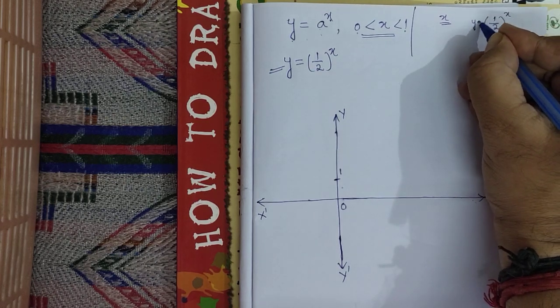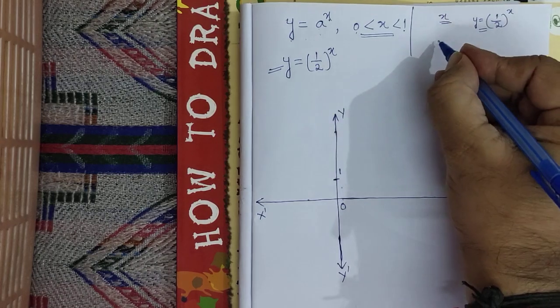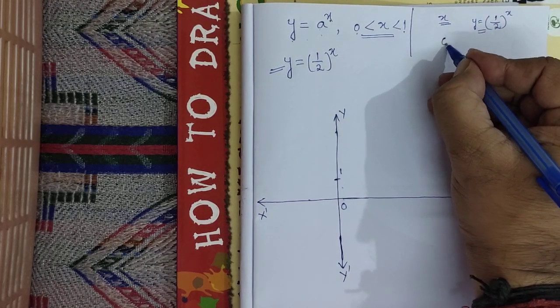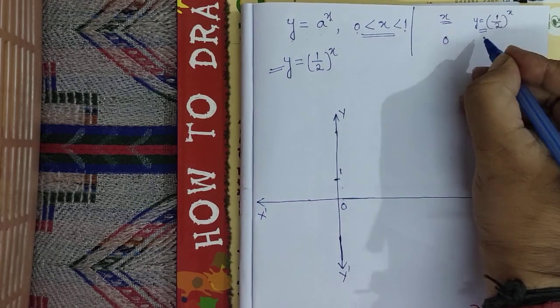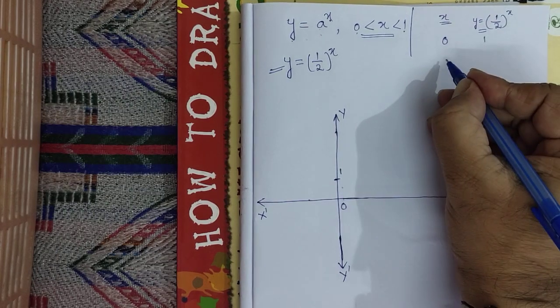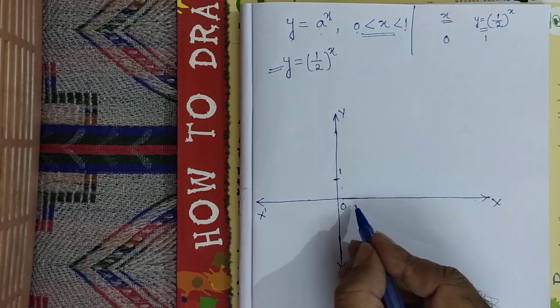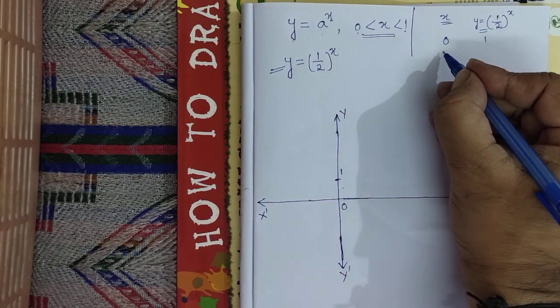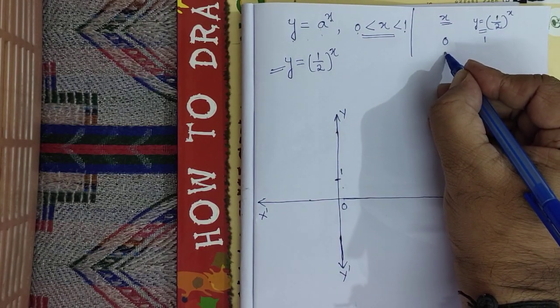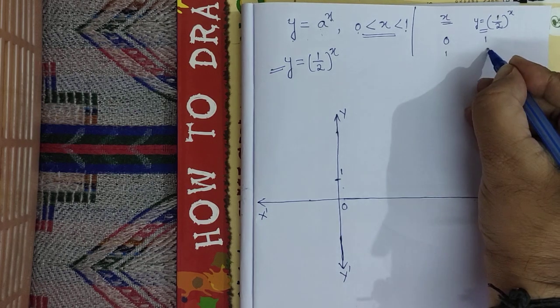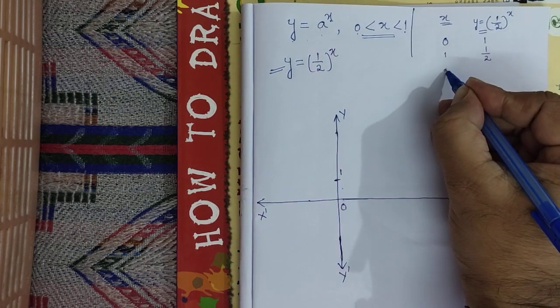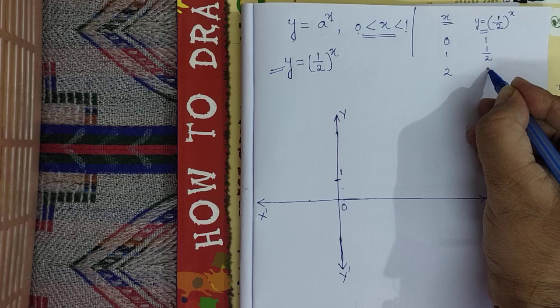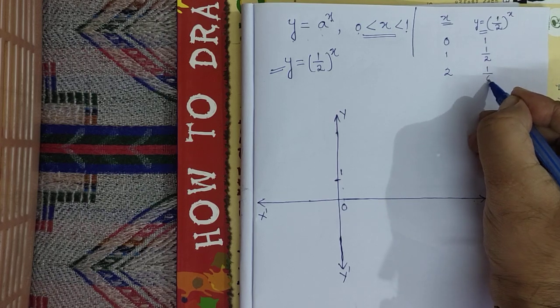X, and this is the y coordinate. Again, you take 0, 1 by 2 to the power 0 will definitely be 1. Again in this case also I'll be taking positive values and negative values and understand the behavior under both conditions. Say I have taken 1, it will be 1 by 2. I take 2, a bigger value, I get 1 by 4.